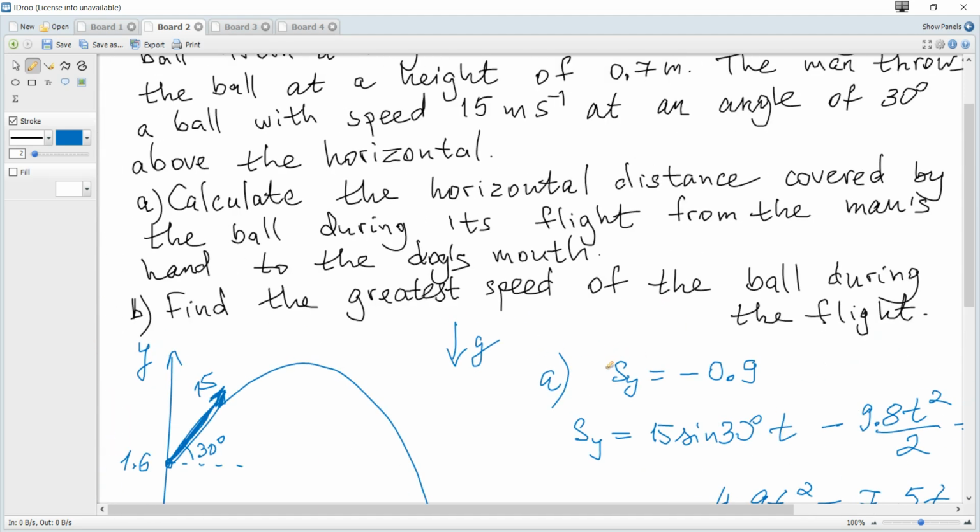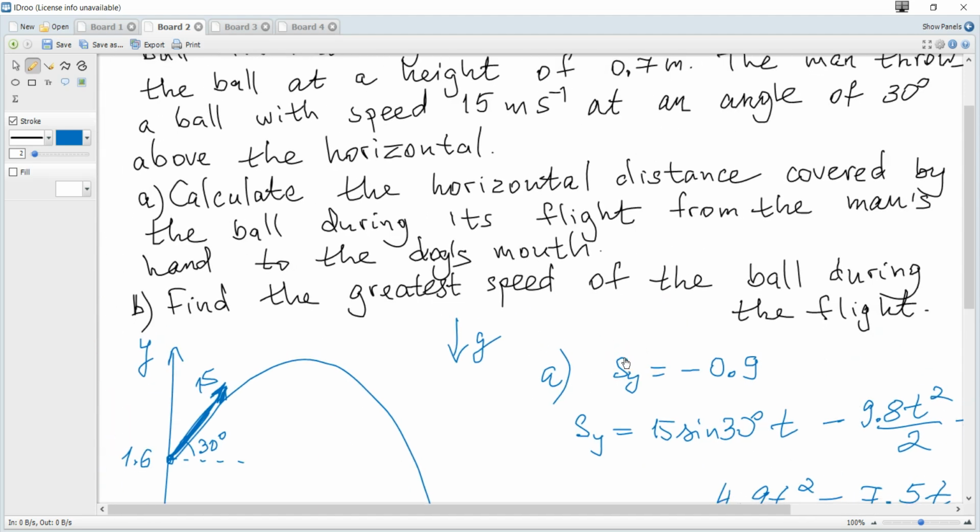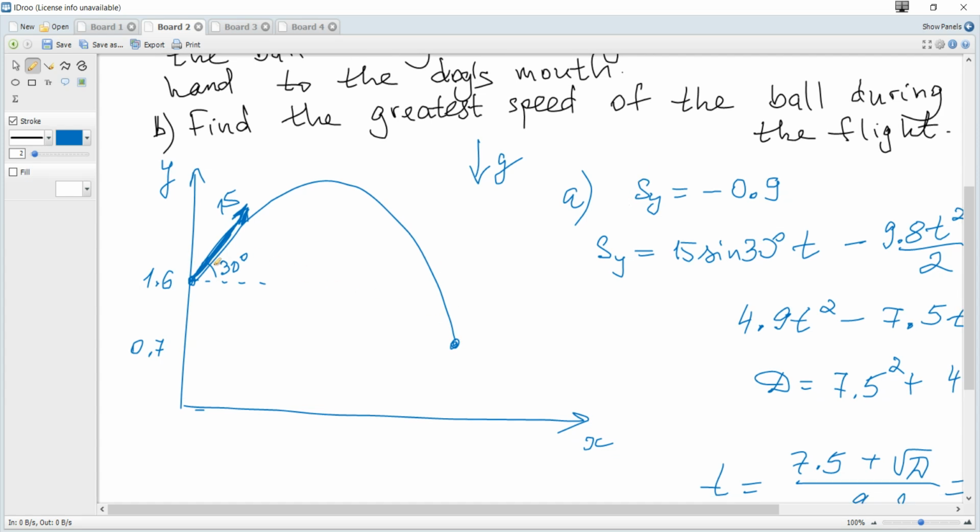And question B, find the greatest speed of the ball during the flight. So the horizontal component of the velocity, this 15 times cosine of 30, is always the same, it's always constant, at the greatest height and also at the final point.